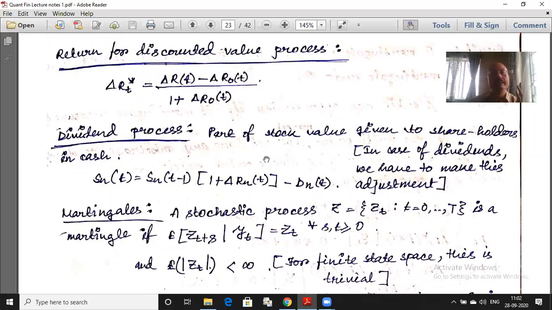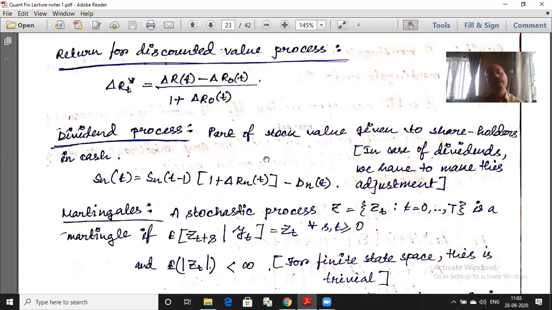So these are incentives for loyalty, and these incentives are called dividend. So what is a dividend? A dividend is part of the stock value, whatever the current value is, a part of it is taken out and given to the shareholders in cash. So typically, dividends are a percentage of the share price awarded to the shareholders in cash.